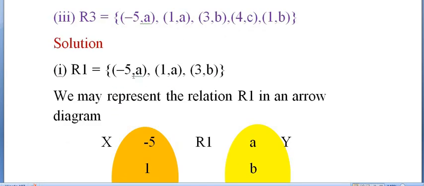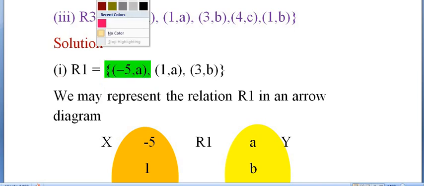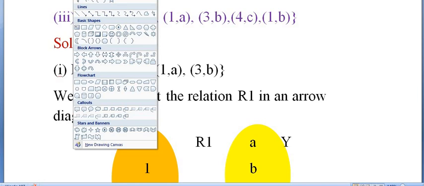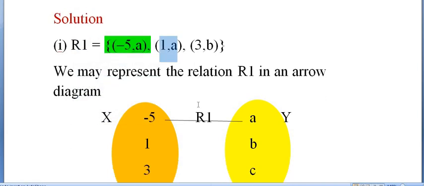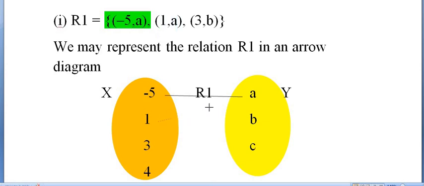Now we are going to see (minus 5, A). So we are going to join minus 5 and A. See, I have joined minus 5 and A. And we are going to join 1 and A. Okay.